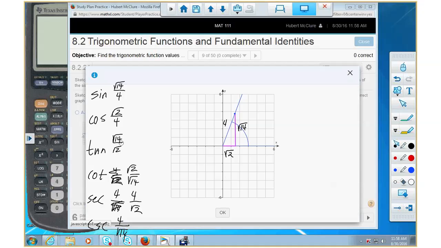This one, square root of 14 over square root of 2, is square root of 28 over 2. We can reduce that down a little bit more. Right now, I'm just going to circle these as the answer. That can be 2 square root of 7, and then the 2s cancel out, so you're left with square root of 7.